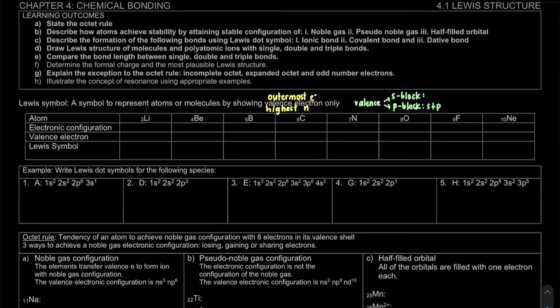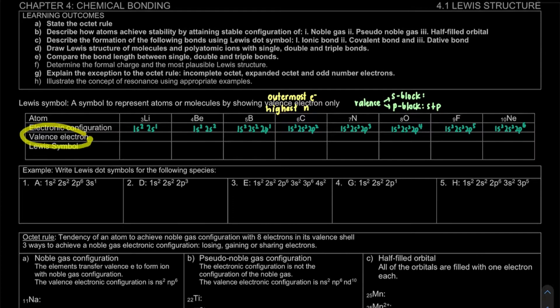We start with 1s, 2s, and 2p. In period 2, where n equals 2, the maximum is 2p. I have written down the electronic configuration beforehand, so I don't think I have to explain how to write it down.